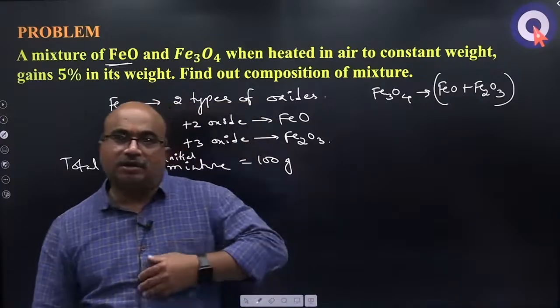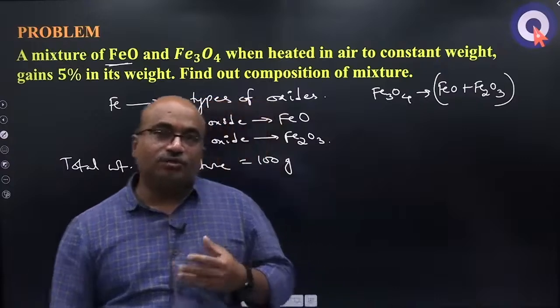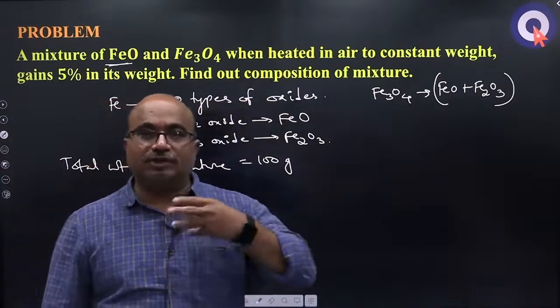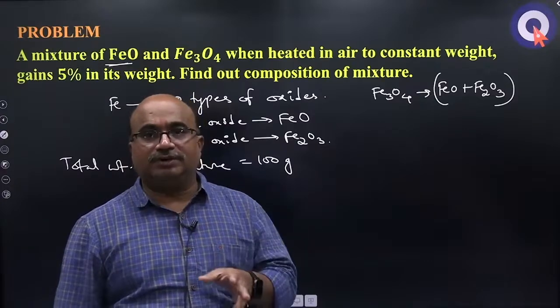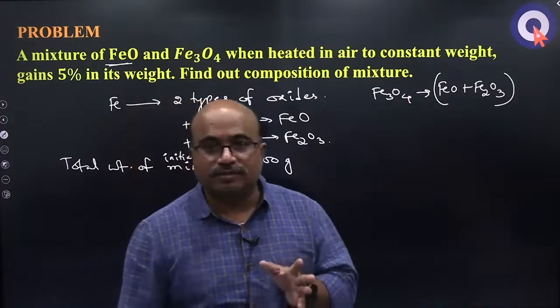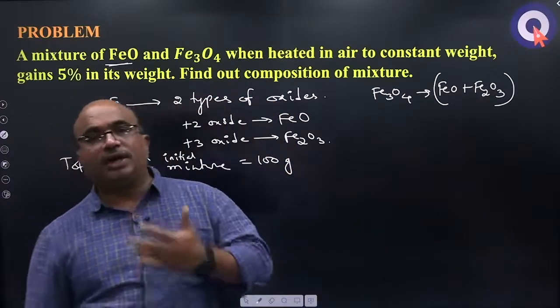Because we have to calculate composition and say percentages, we usually take some fixed quantity initially, and you had better take 100. You can take 1, you can take 2, any quantity.